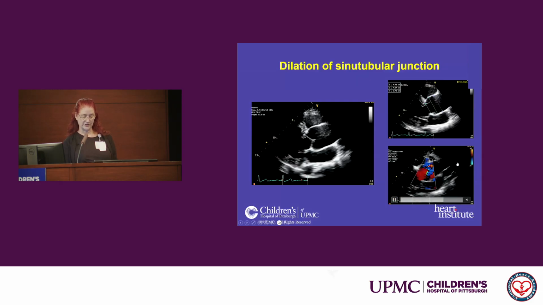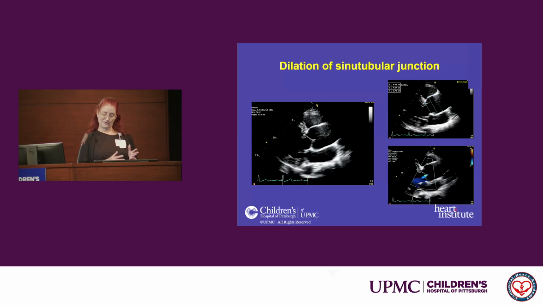With this dilation, you start to see aortic insufficiency because the leaflets are beginning to be pulled apart. They don't coapt well. And again, this shows that the aortic valve leaflets aren't the only thing that matters, right? The whole structure below and above the leaflets is important for the functioning of this LV outflow tract.